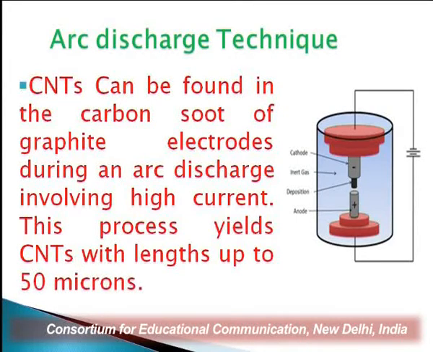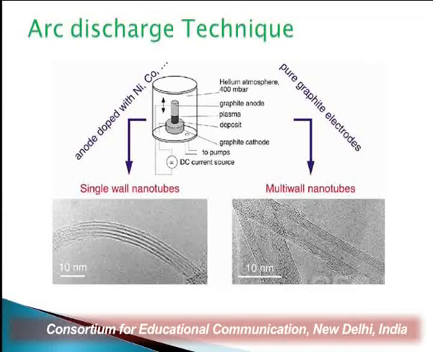Here we pass the high current for the discharge of the carbon particles from the graphite rod. This process yields carbon nanotubes with a length up to 50 microns. Both types of carbon nanotubes can be formed by this method.